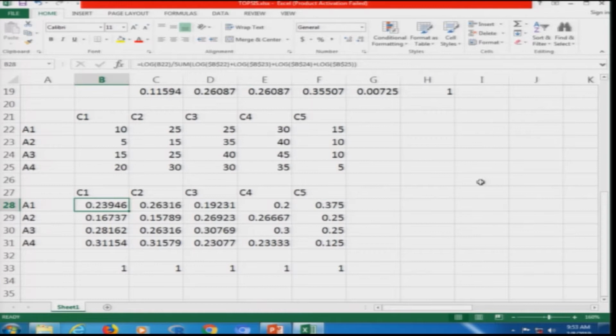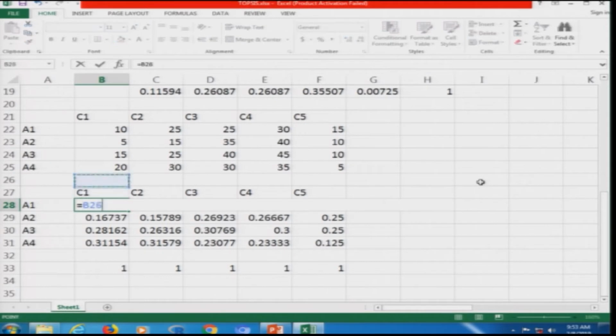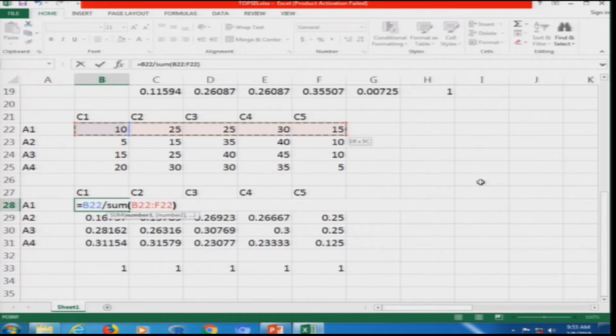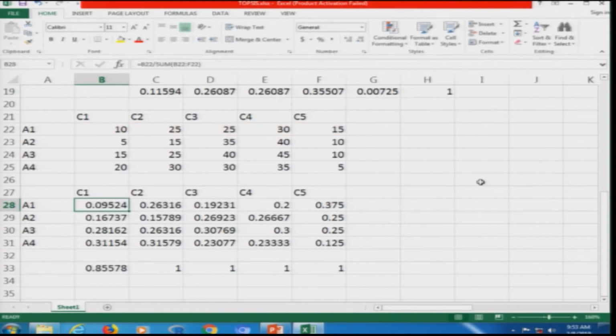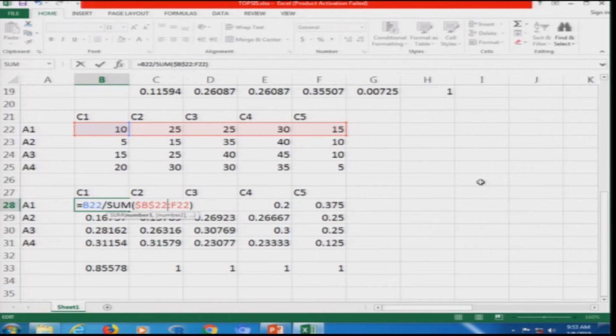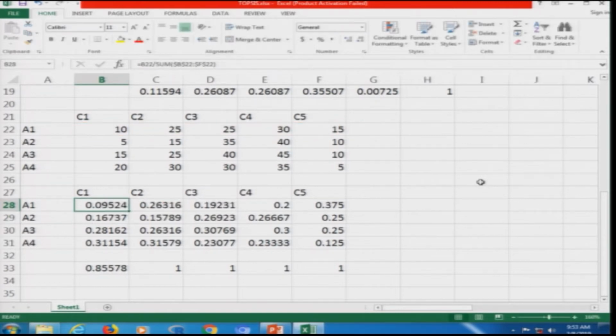Now if I do normalization along the row, I will do it for the simple case. This will be the first one divided by the sum of all of them. It is row wise, remember. So I should basically have the sum here as 1.